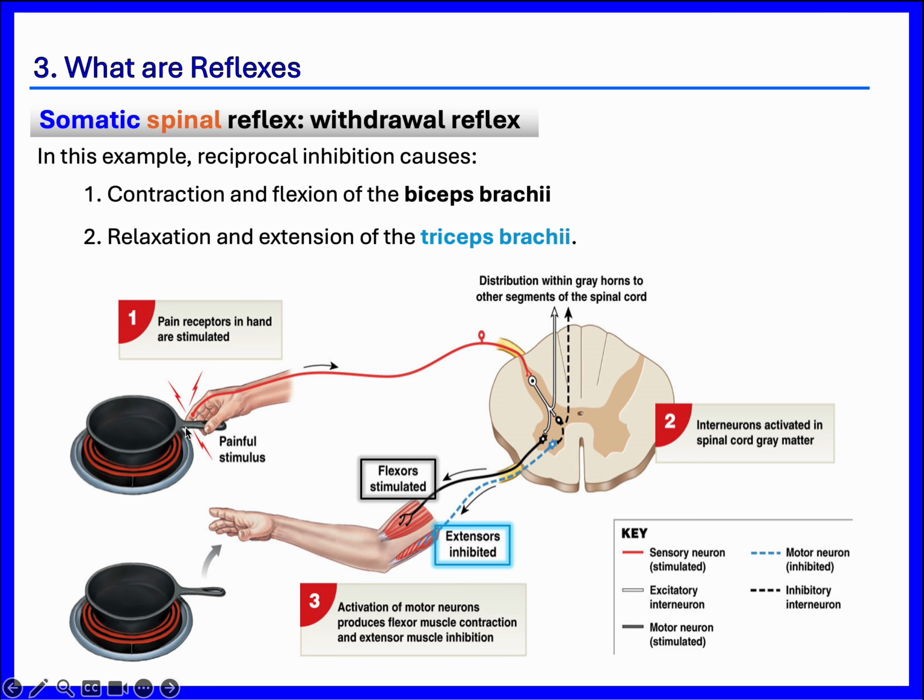Look here, when you touch this hot stove, it goes in, right? And actually, this one neuron goes to the biceps muscle and it contracts it. If I contract this muscle, then I pull my hand away, right? But at the same time that you contract this muscle, you need to relax the antagonist muscle. So over here below is the triceps brachii, right?